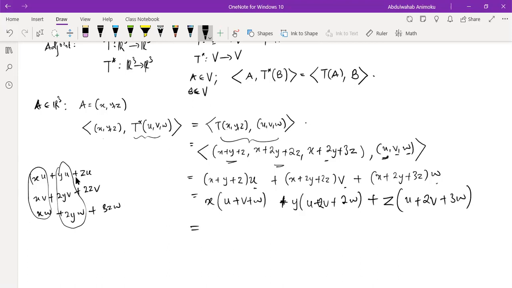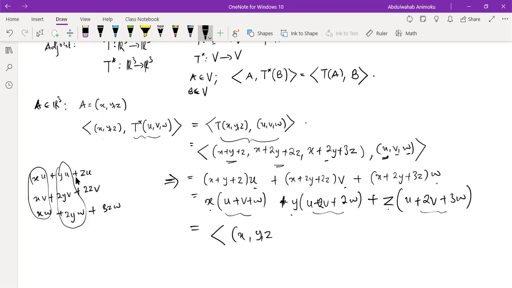So now the trick here again is to rewrite this as an inner product. As you can see, it's just the inner product of this vector x, y, z with whatever is inside the bracket, right? Just similar to what we have in this line. Okay, so this can now be written as what?